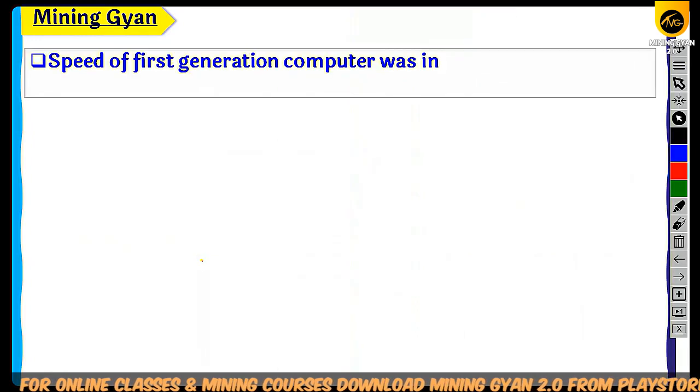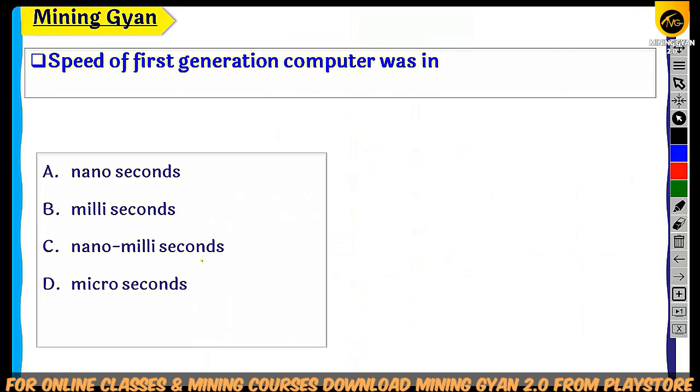Now the next one: the speed of the first generation computer was in nanoseconds, milliseconds, nanomilliseconds, or microseconds. So in the first generation, from 1940 to 1956, all the machines and storage devices used in the computers were in the microseconds.